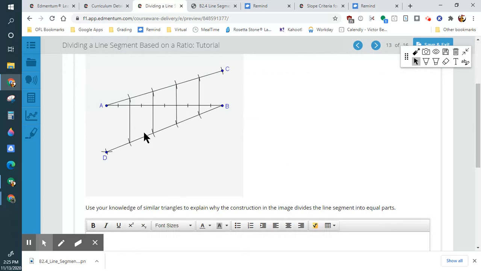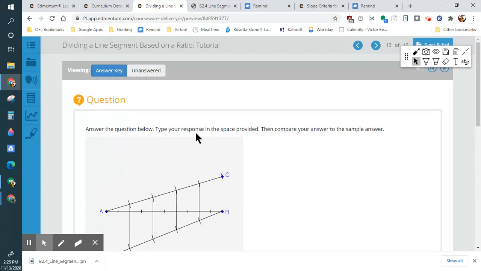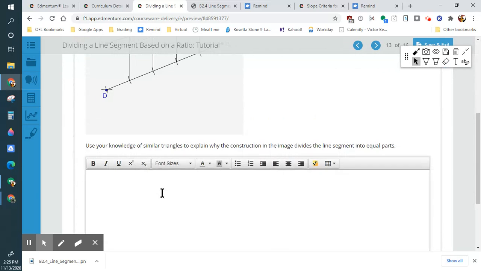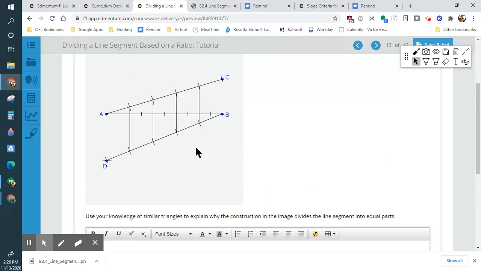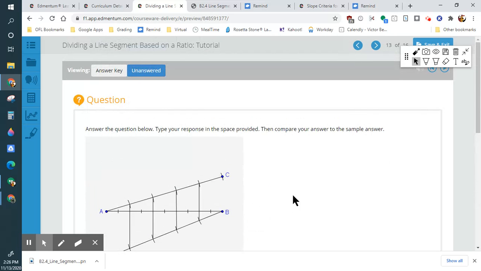If we look at this, we can say that A and B share a side in common. Let's see what they're doing here. Use your knowledge to explain why the construction divides the line segments into equal parts.